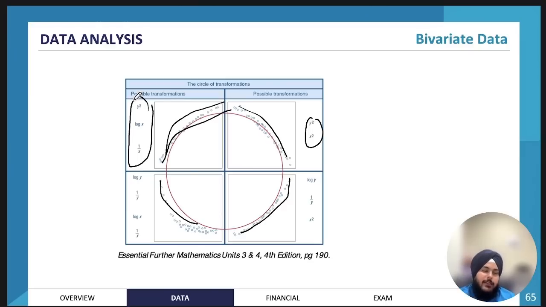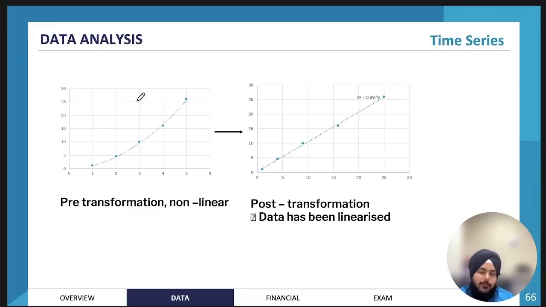Probably R squared because it's 0 to 1, so there's no direction. The one that gives you the highest R squared is the one that you should use. So let's say y squared gives me the highest R squared value out of the other two. Therefore I should use that as my transformation. I hope that makes sense.